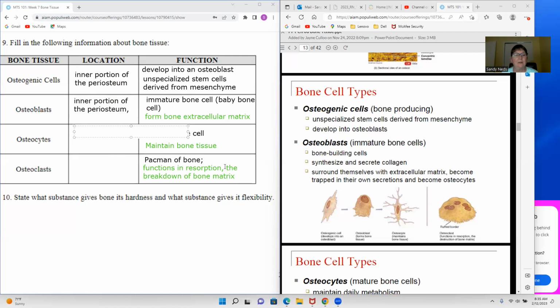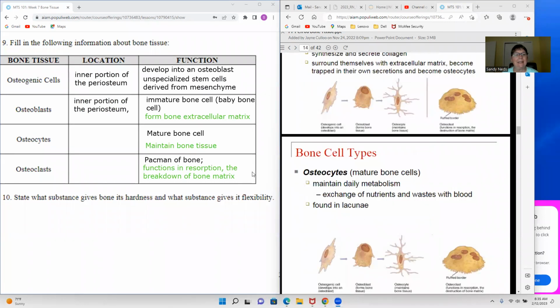And osteocytes, we said, is mature bone cells. And they maintain daily metabolism, maintain the bone tissue. So let's put it in the terms that the book uses.